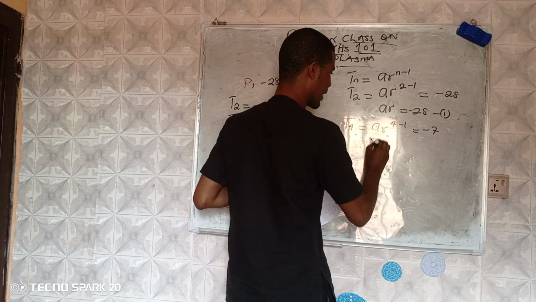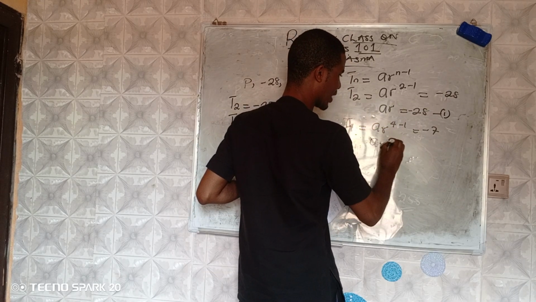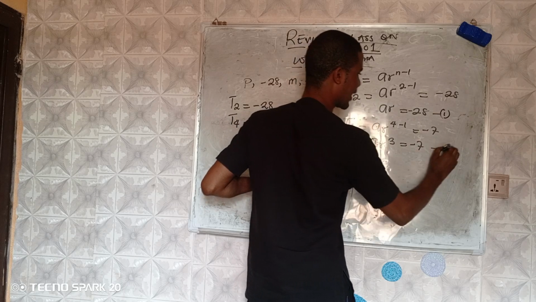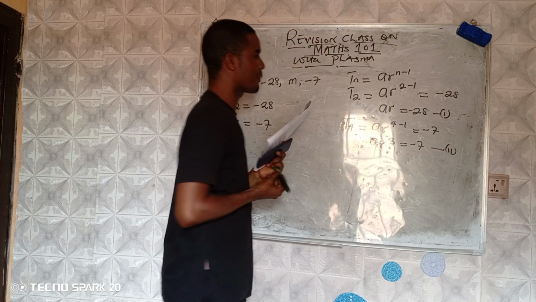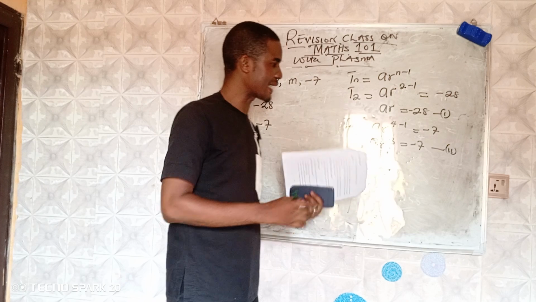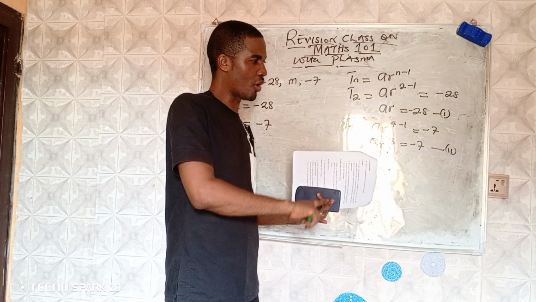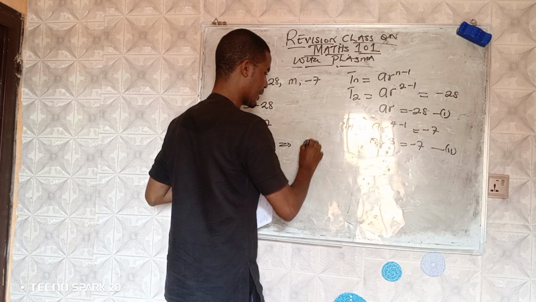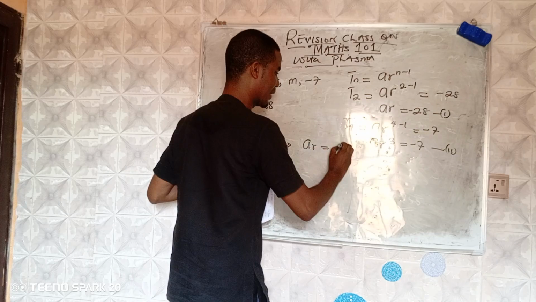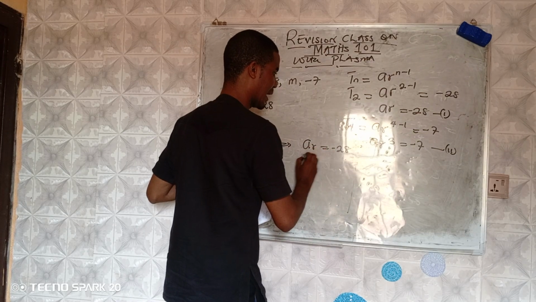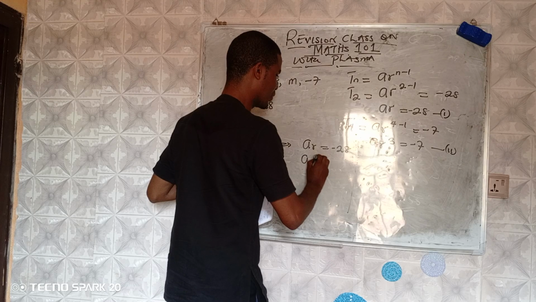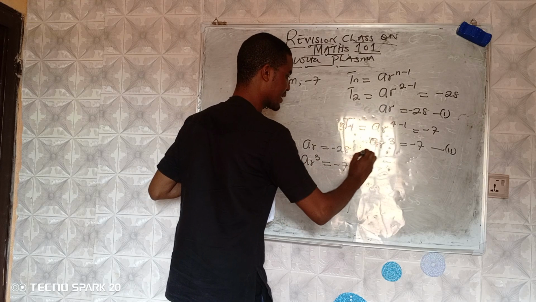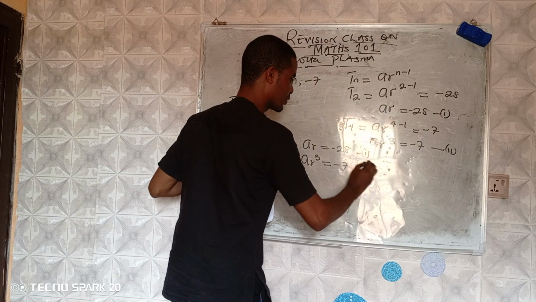So I'm going to have ar³ equals minus 7, and that will give me equation 2. So from equation 1 and equation 2, I can get the value of a and the value of r, which I have as ar equals minus 28, and ar³ equals minus 7. This is equation 1, this is equation 2.